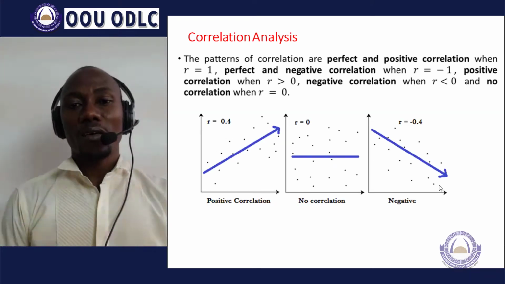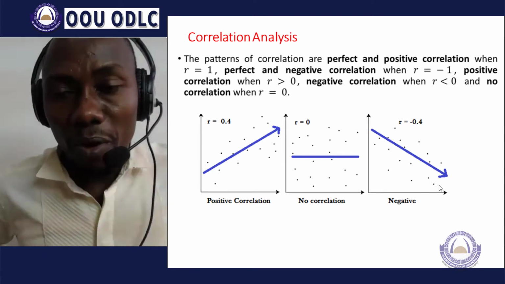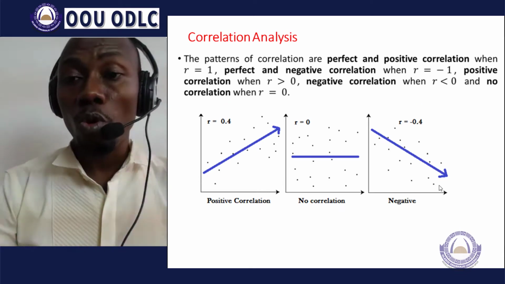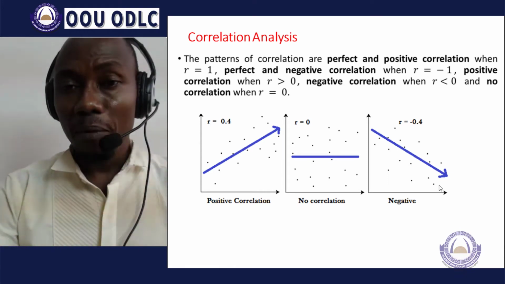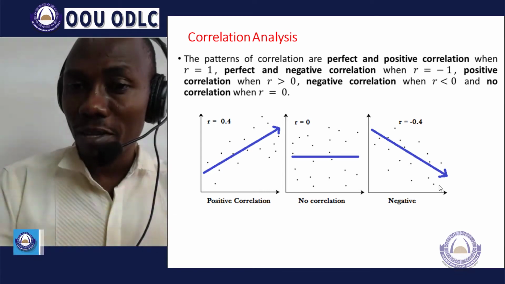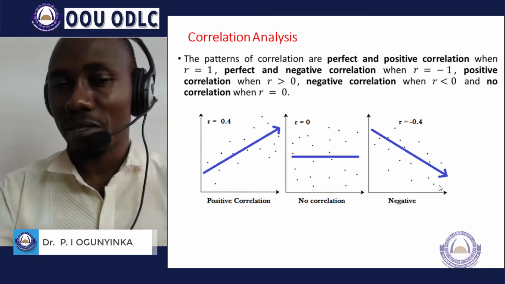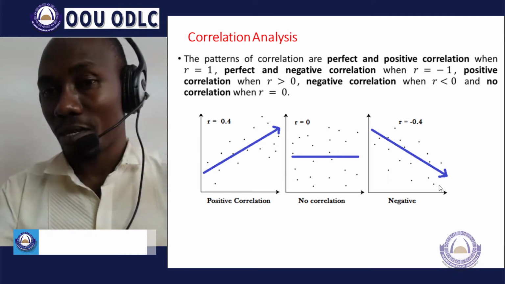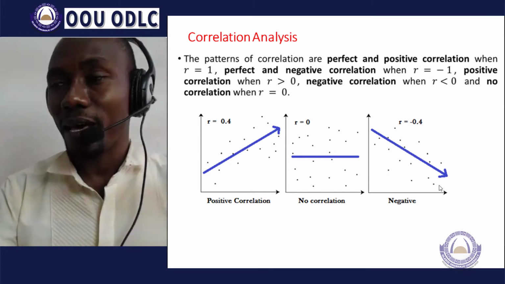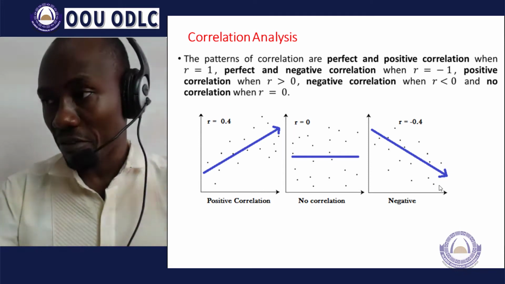Let us look at the graph to explain what we mean by positive correlation and negative correlation, and even what we call no correlation. We shall have a perfect and positive correlation if the value of R is 1.